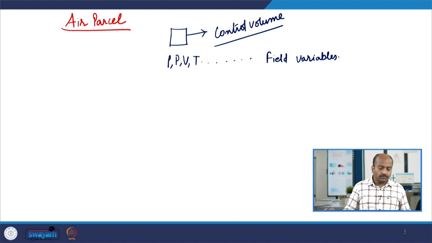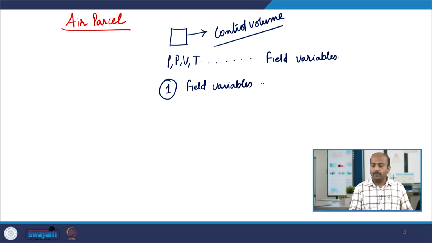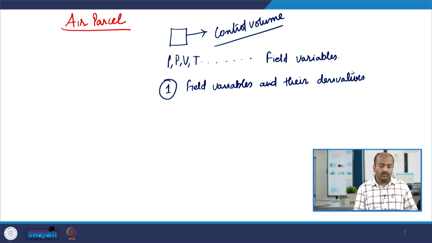The field variables and their derivatives, we have to assume, and this is a very important assumption, are continuous functions of position and time.